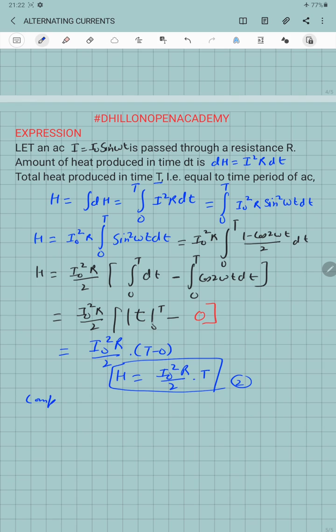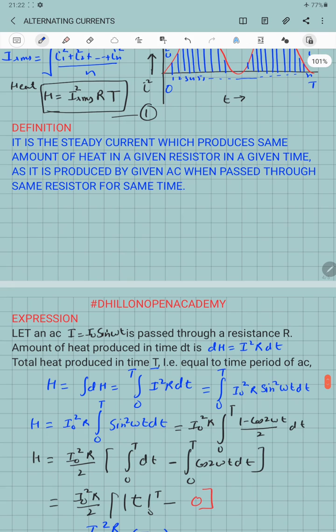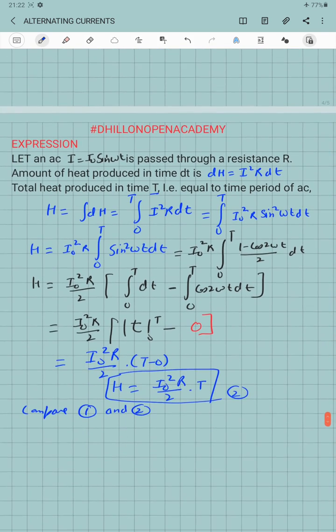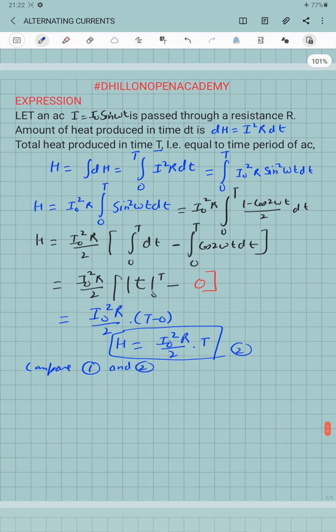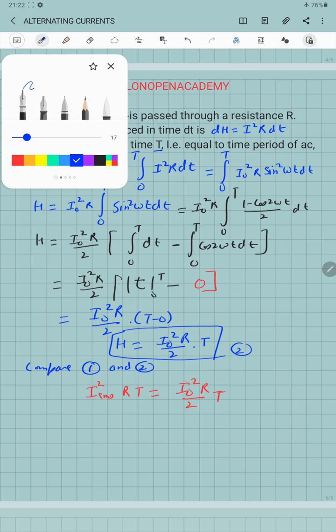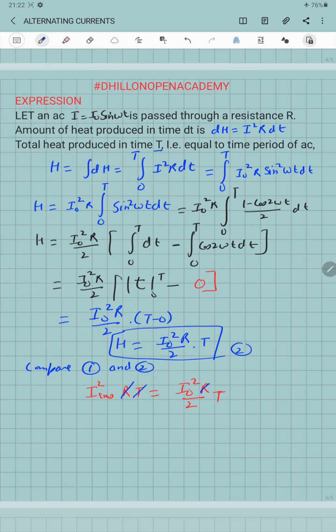Now if we compare equation 1 and equation 2, equation 1 has H equal to I square RMS R into T, and H is equal to I naught square R by 2 into T. That means, making them equal to each other, I square RMS R into T equals I naught square R over 2 into T. So here R gets cancelled and T gets cancelled.